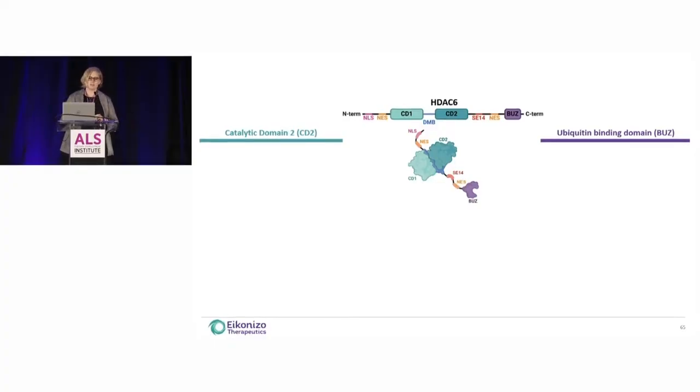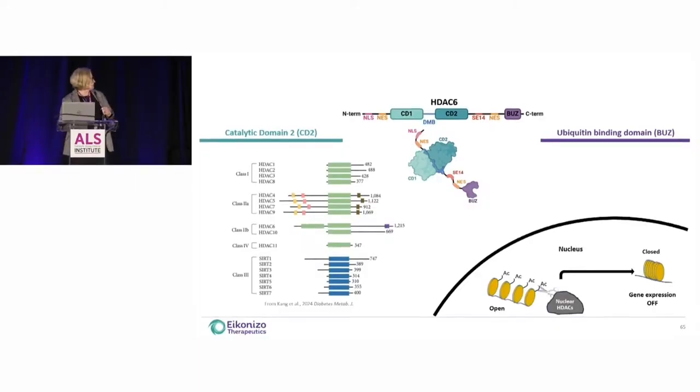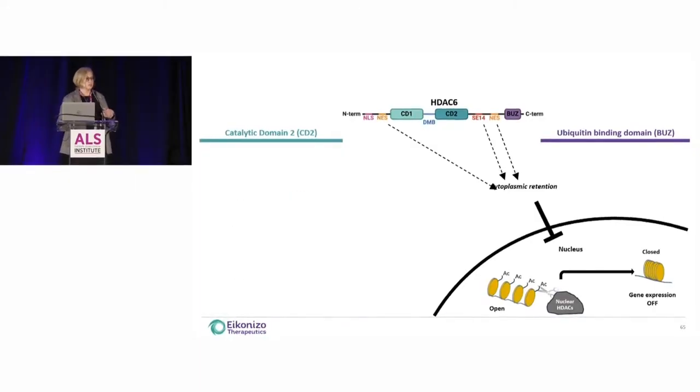It also has a C-terminal ubiquitin binding domain, and as the name suggests, it's one of several HDACs, 18 in total. Unlike most HDACs, which remove acetyl groups from histones in the nucleus to turn off gene transcription, HDAC6 has two nuclear export signals and also an SE14 domain that promote its cytoplasmic retention.